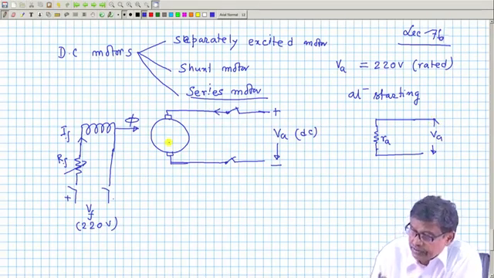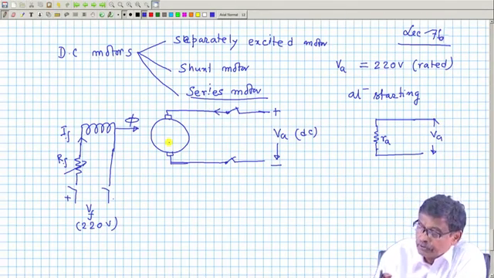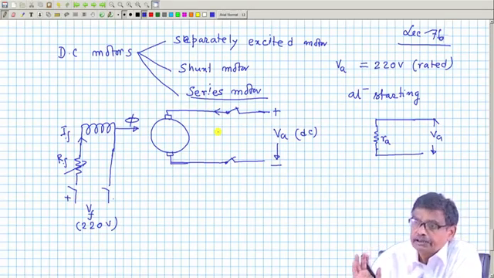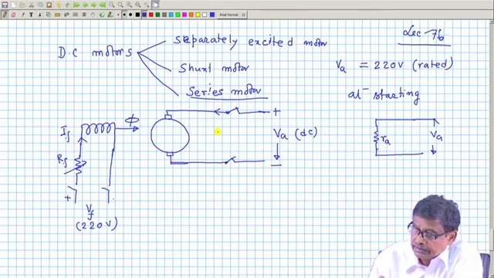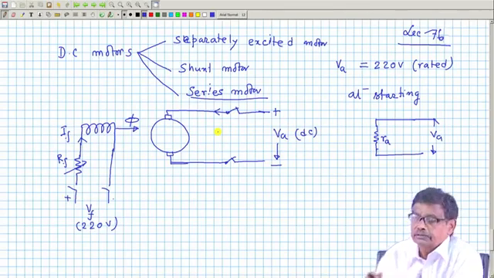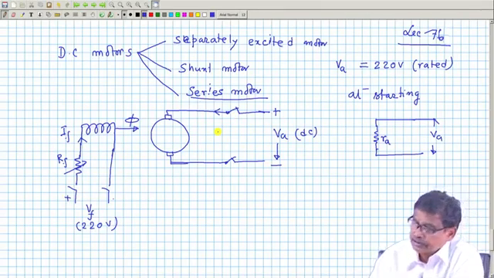because the machine has not yet started moving, therefore there is no voltage generated by the machine, which is called back EMF in this case.